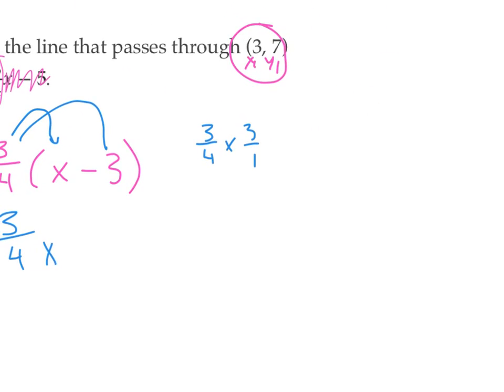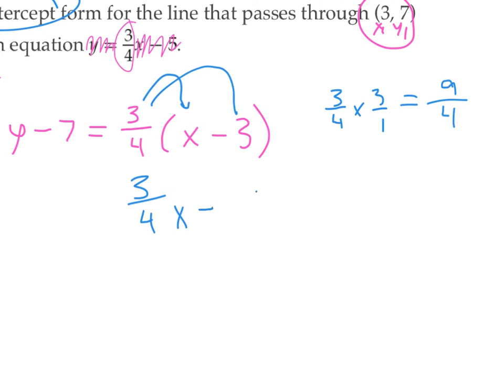We multiply the tops together and we multiply the bottoms together. So this is 9 over 4, so we would have minus 9 over 4.